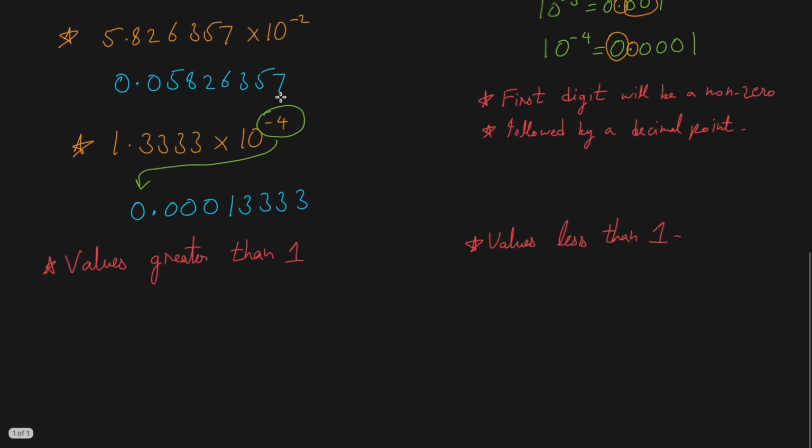So what I want to write here is, let's say we have green. Okay, we have green here. So for values greater than 1, we will first write digits, and then write zeros if any are given.